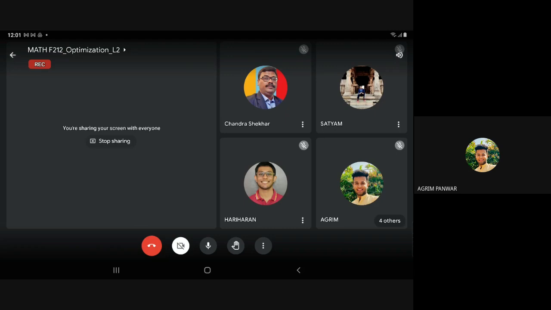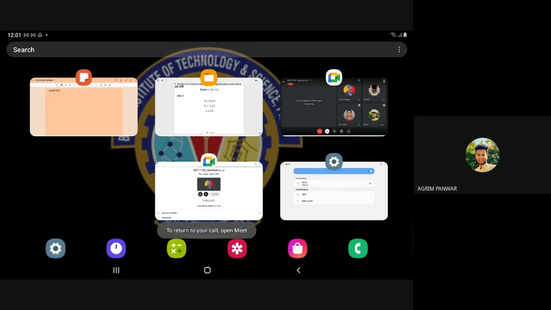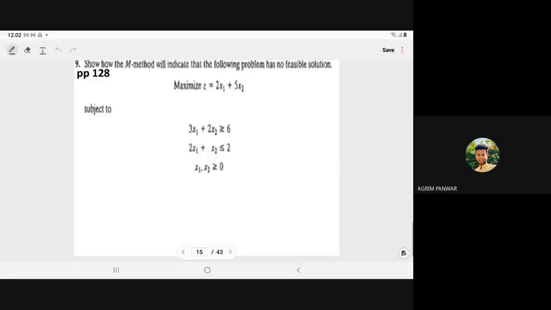So, good afternoon, students. Welcome to the next lecture of Math F212 Optimization. Last time we were doing the Big M method. The Big M method is one method where we use an artificial variable, and the artificial variable is used to decide which variable can be the initial basic variable or the initial slack variable.